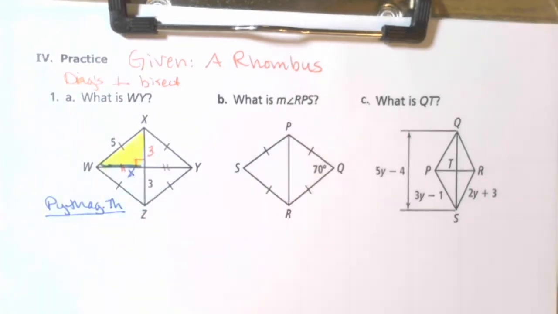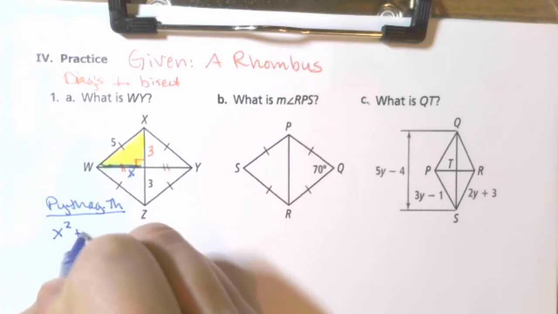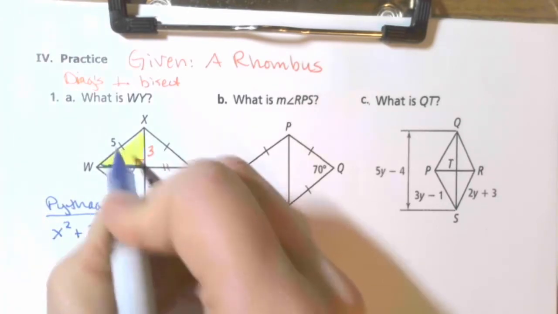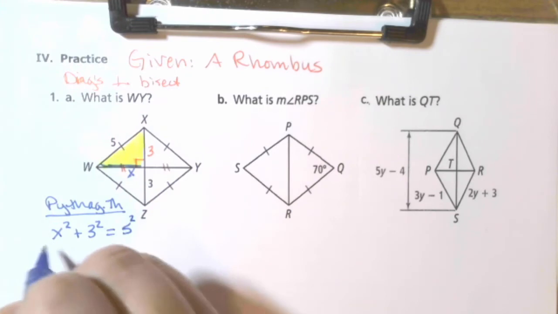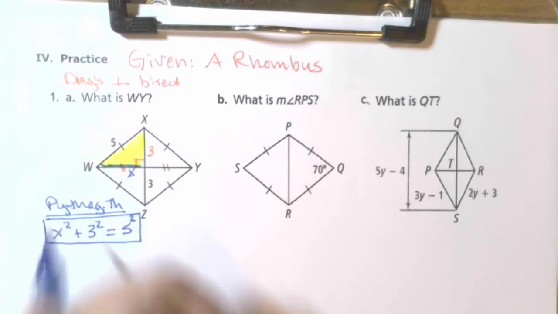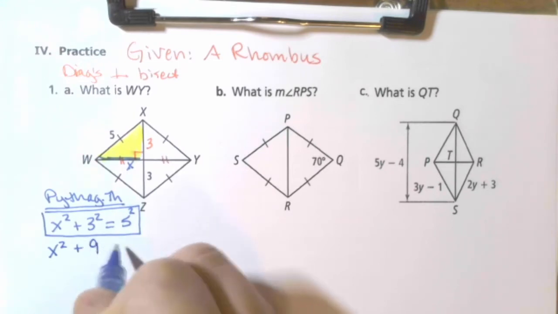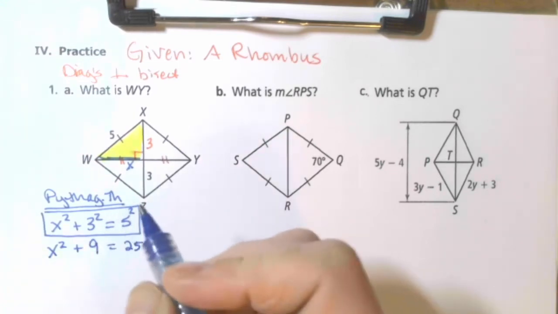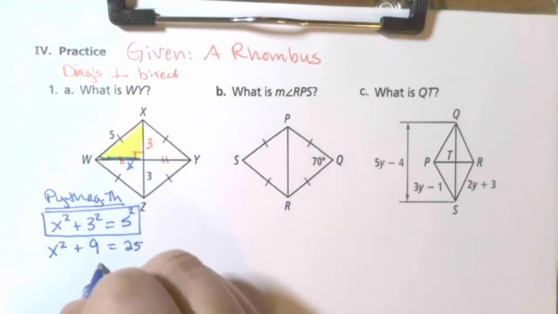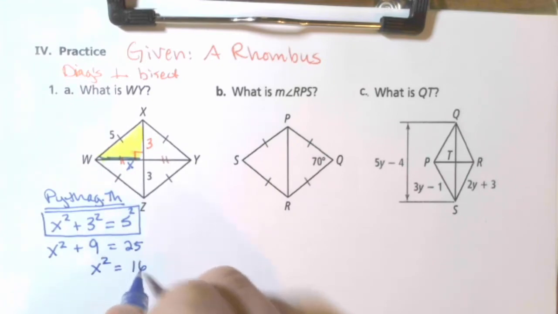And the legs are x and 3, so x squared plus 3 squared equals the hypotenuse, which is 5 squared. That is your equation. Do the exponents first. 3 squared is 9, 5 squared is 25. Subtract 9 from both sides, you get x squared equals 16.